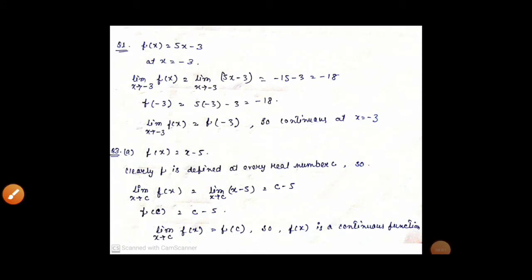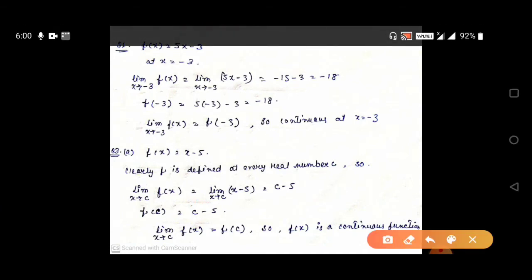So here in question number A the function given is x minus 5. Here also no condition is given. Whenever you get a question with a condition, then you can understand what that condition is that I am telling. So here no condition is given and no particular point is given. So for that, first of all we have to write clearly f is defined at every real number c.